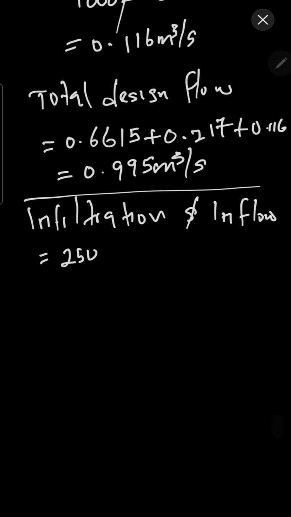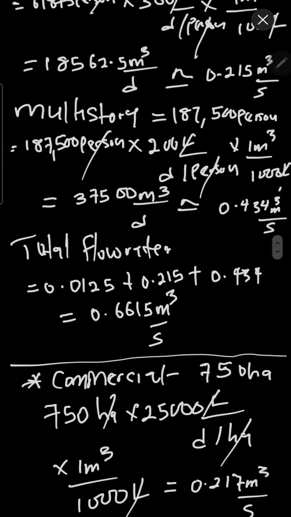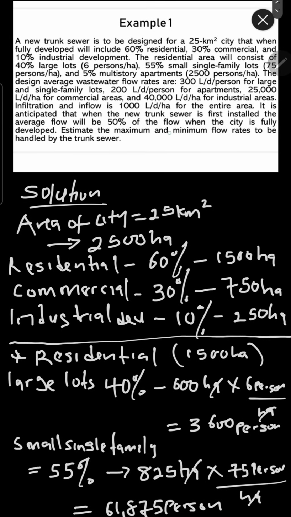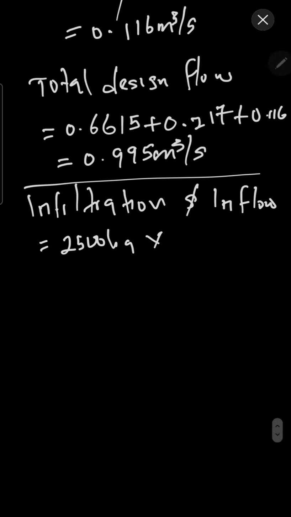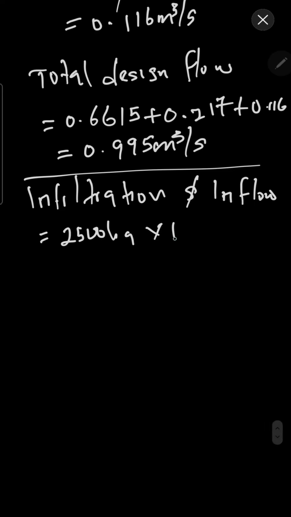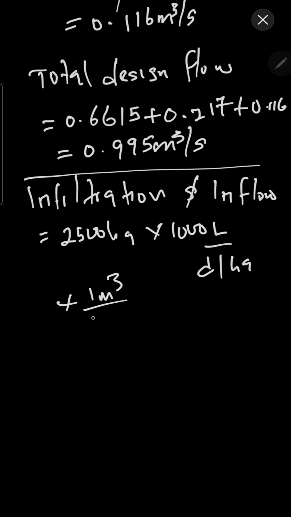It is 2,500 times the flow rate, 1,000 liters per day per hectare, times 1 cubic meter per 1,000 liters, times 1 day per 86,400 seconds.